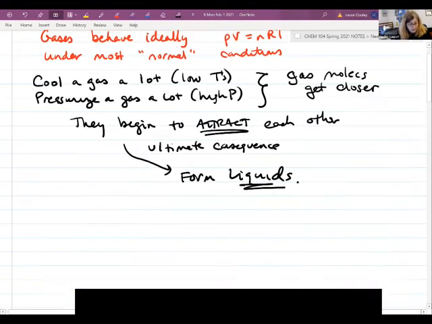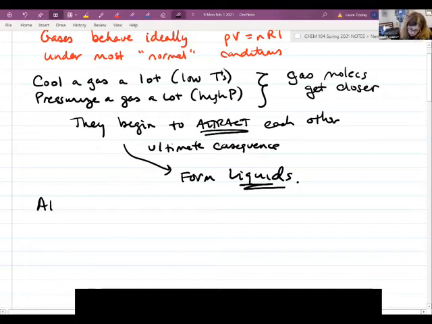Okay. And it's the attractions between molecules that make liquid happen. And then once you have a liquid, these attractive forces determine many, many of the properties of that liquid.